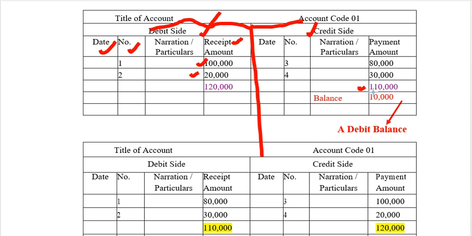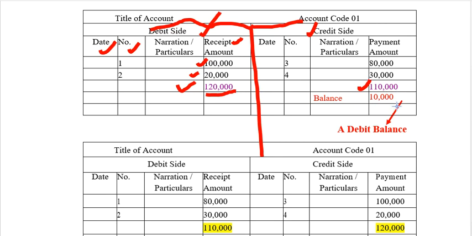110,000 is the total disbursement, meaning your cash outflow, and the cash inflow, that is the debit, is 120,000. Now which is the excess amount, what is the greater amount? You know the greater amount is 120 and 110 is the smaller amount. Then the balance is basically 10,000. How can we find the difference? Just 120,000 minus 110,000, the difference is 10,000.